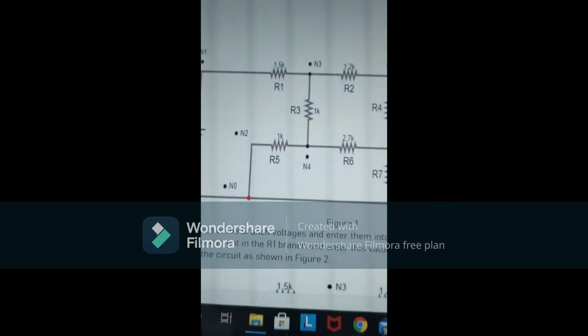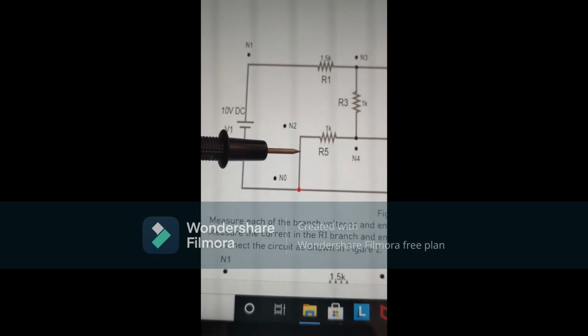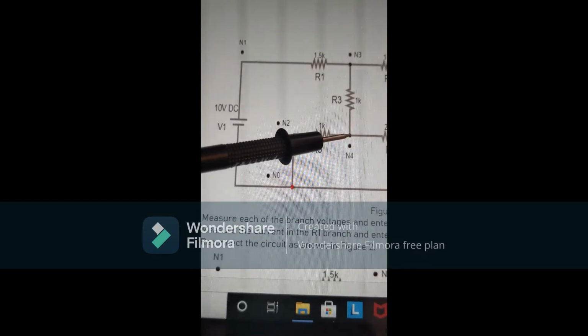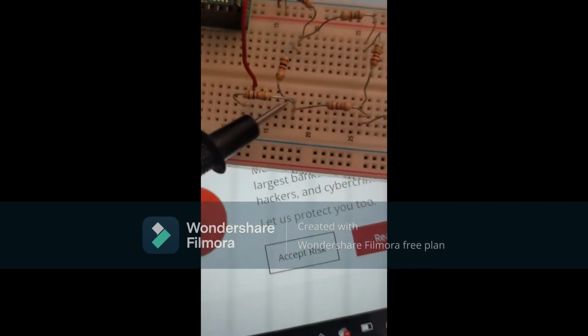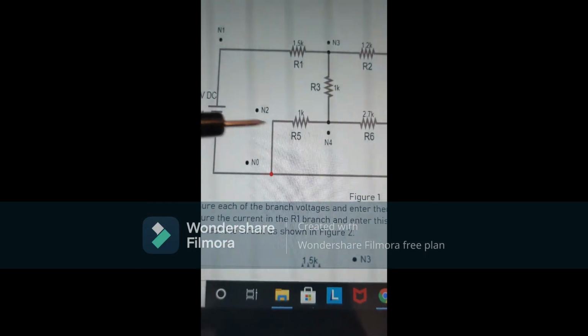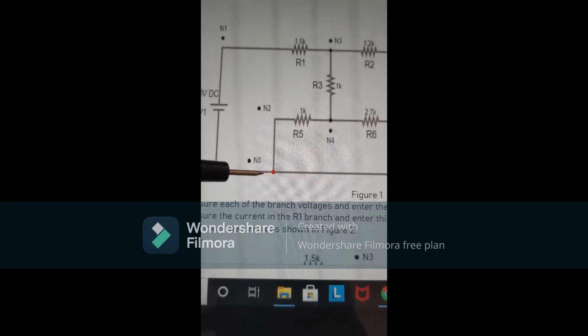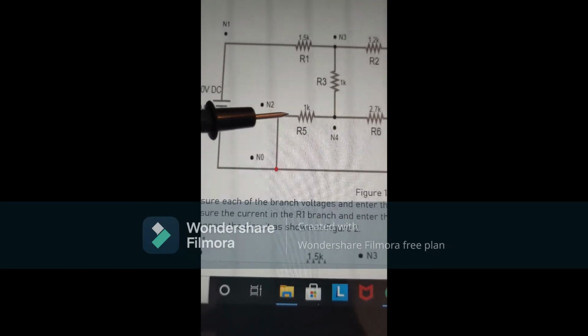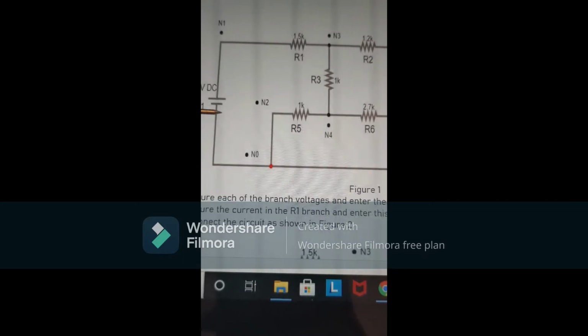So now if you see here carefully, one end of the 1 k is being connected here, which is this point where we have connected this. Now the other point is going to the ground, right? The other leg of the 1 k is going to the ground.